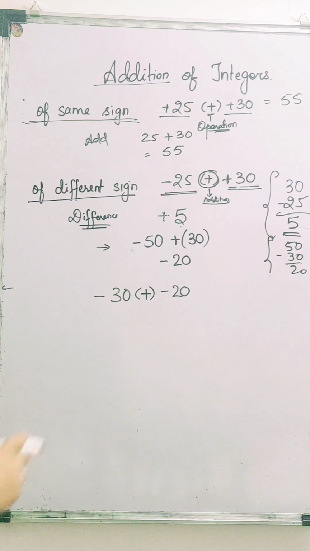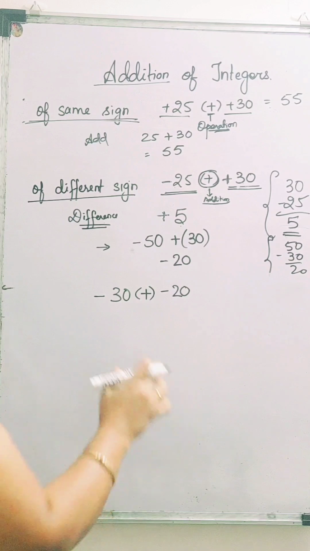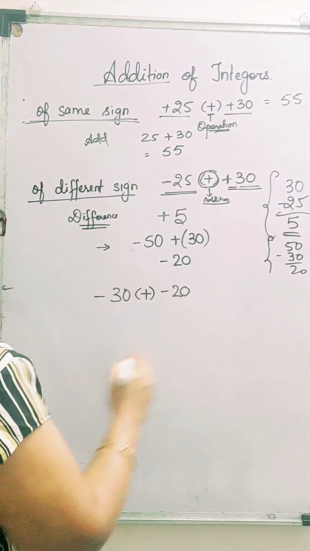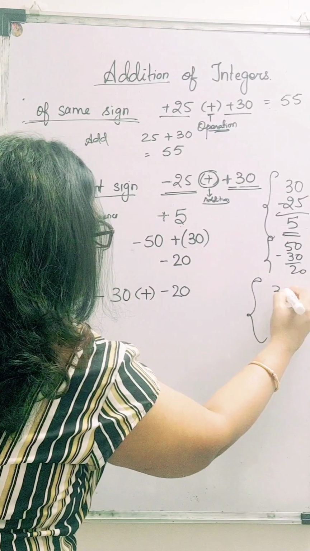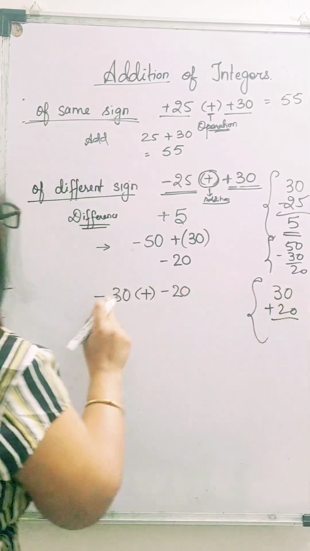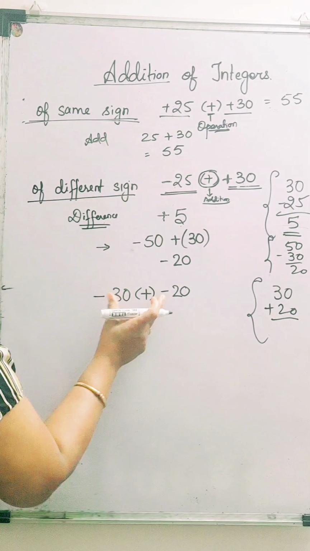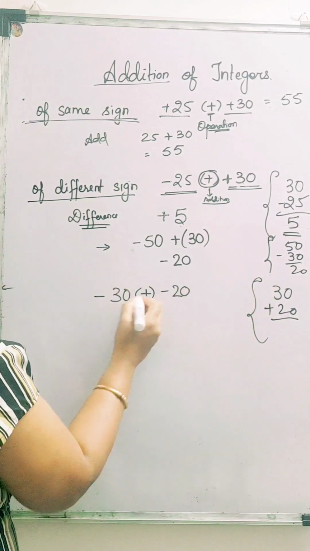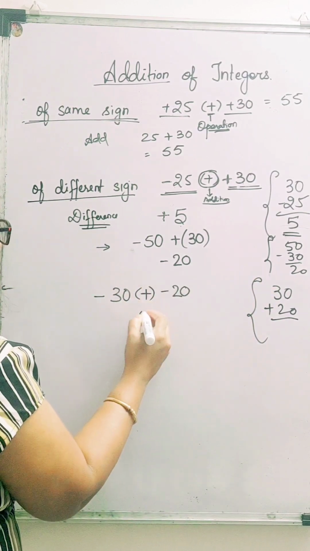This is an operation sign and these are the integer signs. -30 and -20. So here I don't have to do anything, I just have to add these two numbers, 30 and 20. Just add these. Because when they are of the like sign, meaning both are negative, I have to add these two with the same operation, addition.